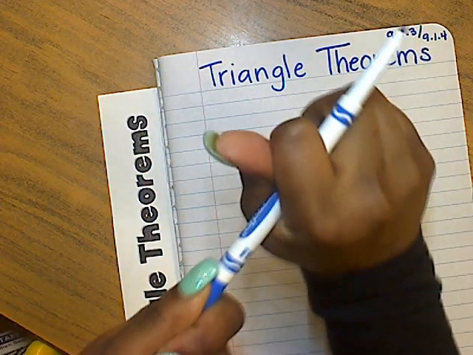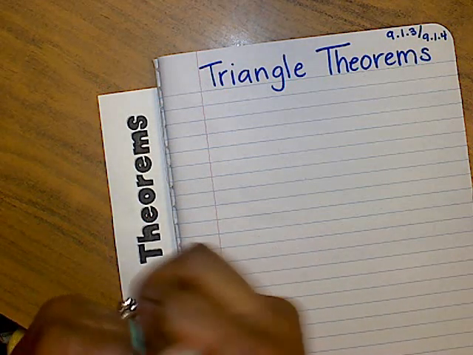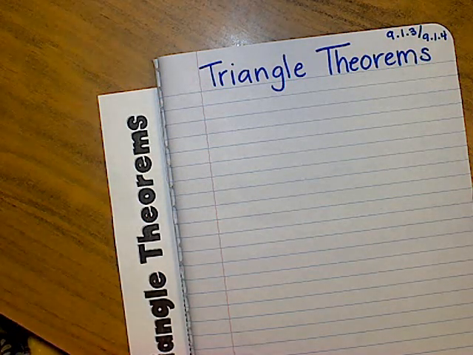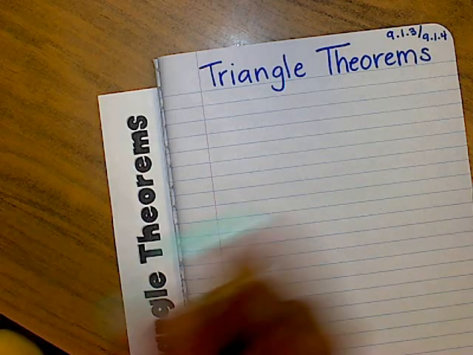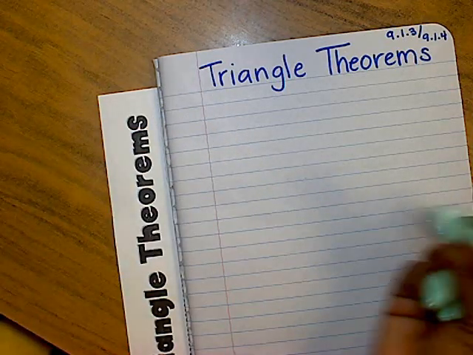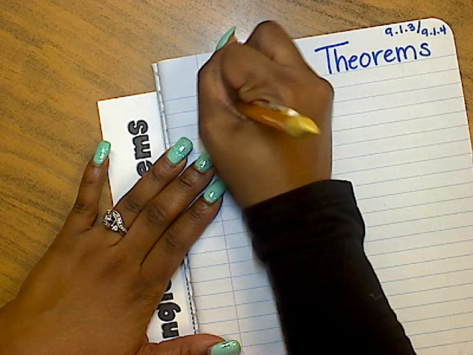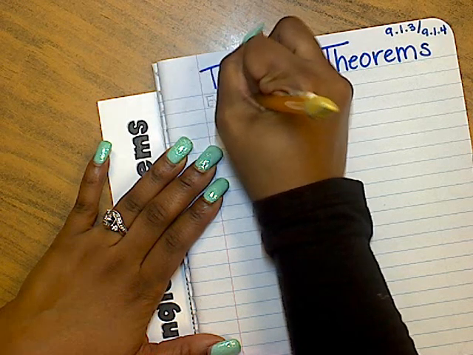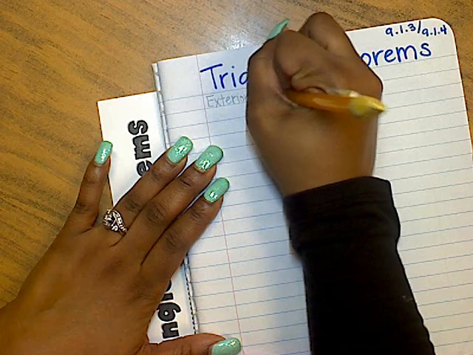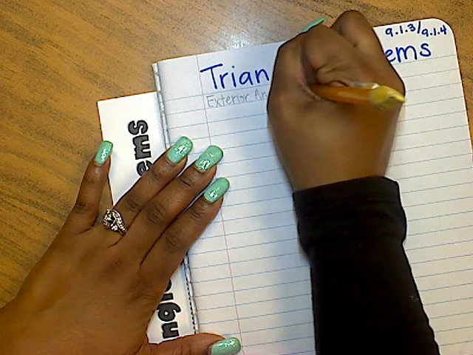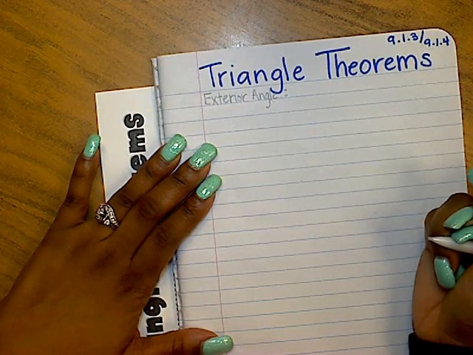So the first thing we want to do is get some definitions quickly, because you are going to be learning theorems and you can't really know and understand theorems without understanding their definitions. The first thing you want to write is the definition for an exterior angle. At any time during this video, you can pause it to get any of this down, okay?